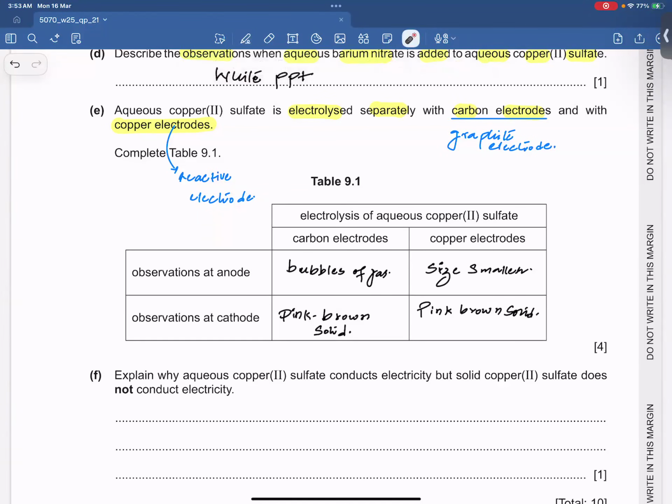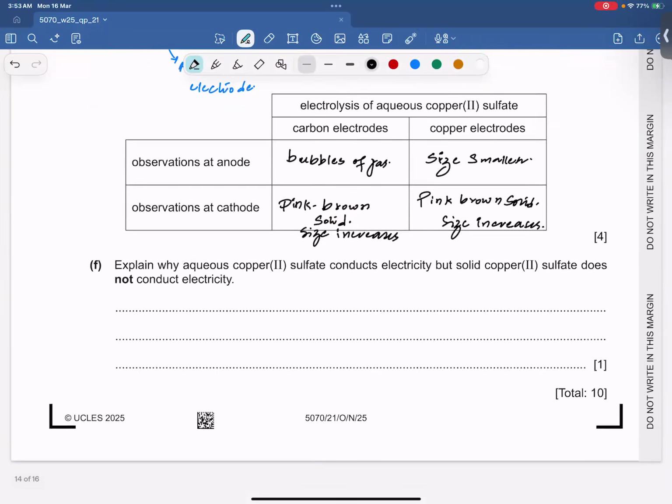And obviously the mass of the cathode increases, so its size increases.